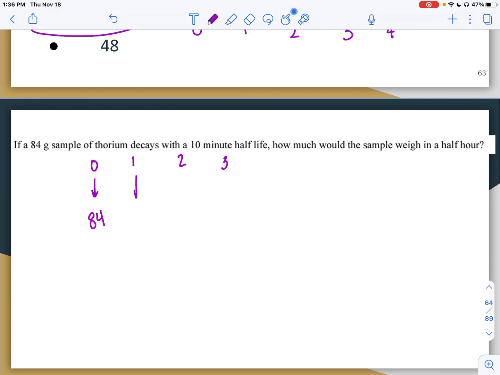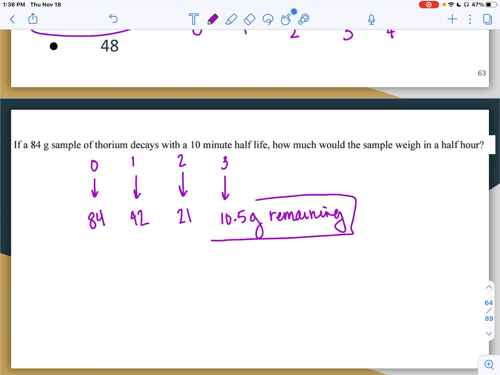After 1, it will be 42 grams. After 2, it will be 21 grams. And after 3, it will be 10.5 grams remaining. So that's how much the sample would weigh after 3 half-lives or 30 minutes.